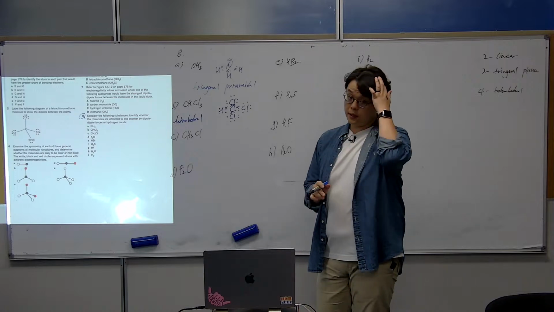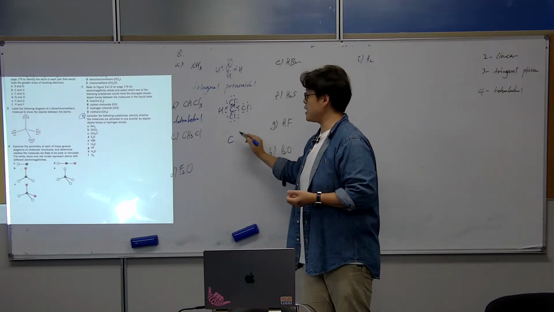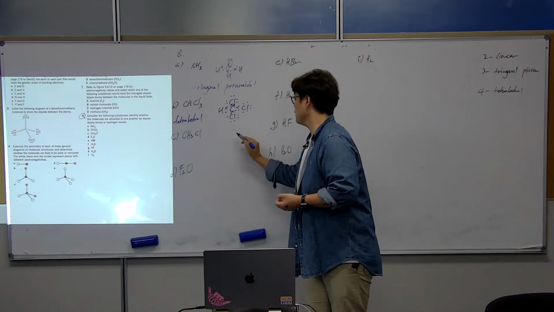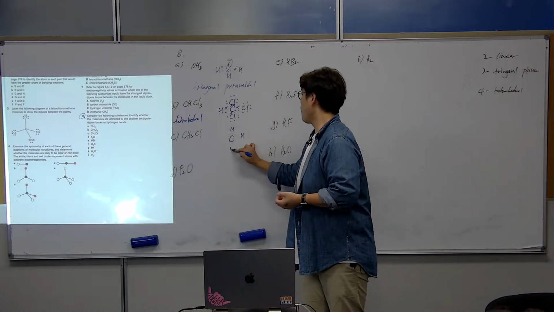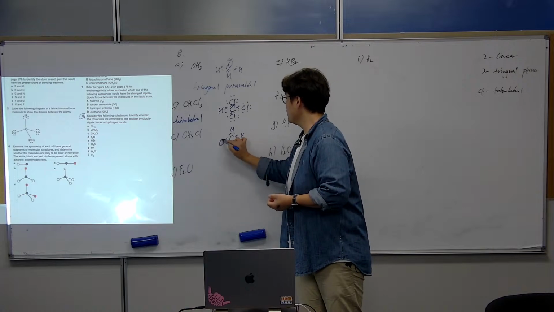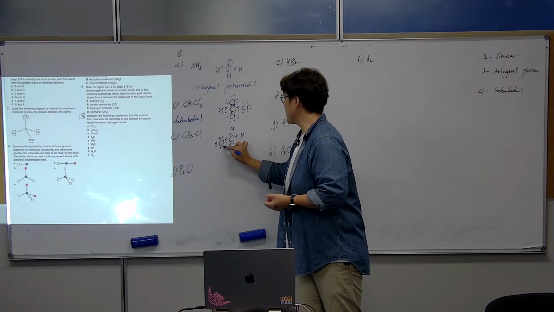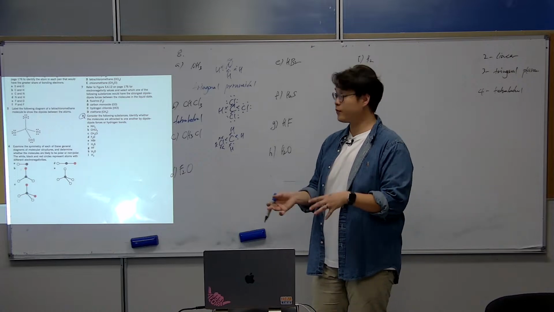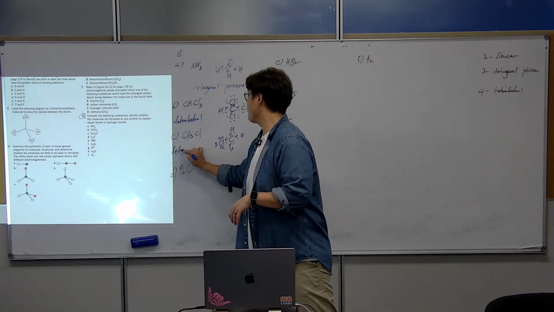Make sense? Okay, same thing, carbon in the center. We have hydrogens attached, and chlorines here, like this. Make sure you show all the lone pairs, but that doesn't really affect the shape. This is also a tetrahedral shape.